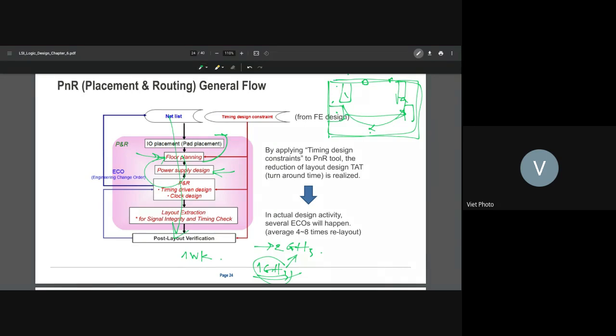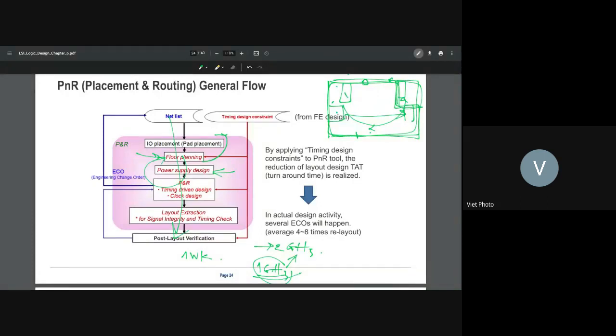Let's say when my block is like this, I want it to be bigger because bigger means I have more room and it's easier to design. But the other guy says, oh, you take that away from my place, so you need to give me back. So finally, okay, I give you back this corner, for example. So the shape will become like this, and so on. So that's one aspect of the floor plan.